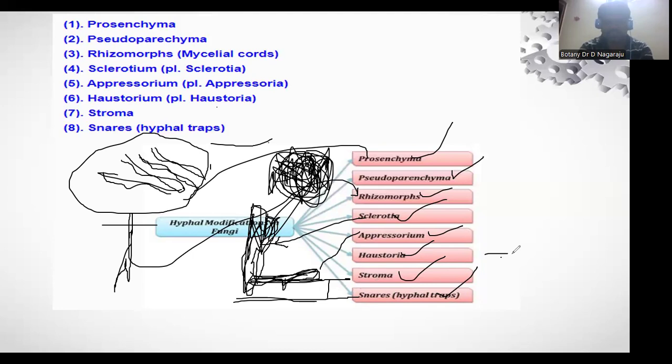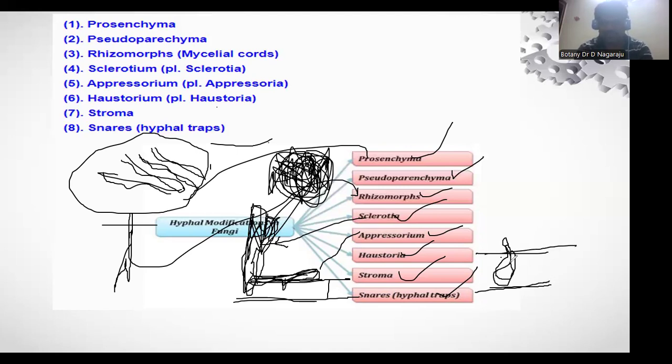Yesterday we studied haustoria, especially present for nutrition. Especially it is present in pathogenic fungi which depend upon the host. It needs nutrition from the host, so hyphae penetrate into the host tissue.